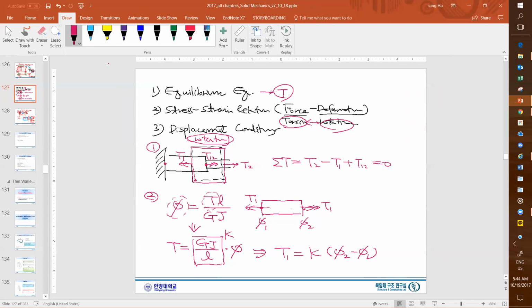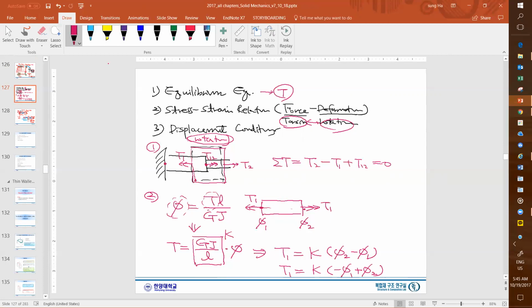So this is the one we can have. And actually, if we look at it this way, on the left-hand side the same T1 will be K times minus phi1 plus phi2. Well, basically they are the same equation.